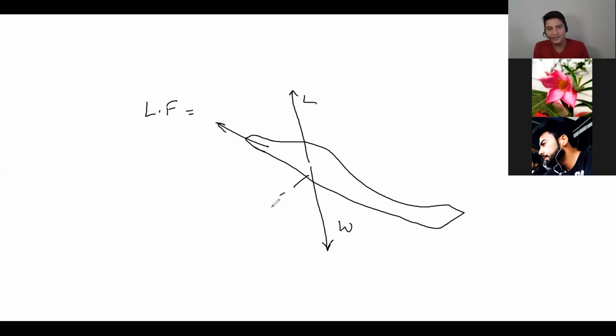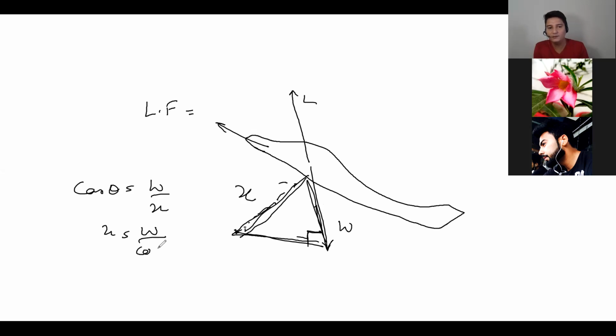Now weight is getting vectored into 2 parts. Now you can again see a right angle here. Let's call it X. Cos theta equals adjacent upon hypotenuse, weight upon X. So X is equal to weight upon cos theta.